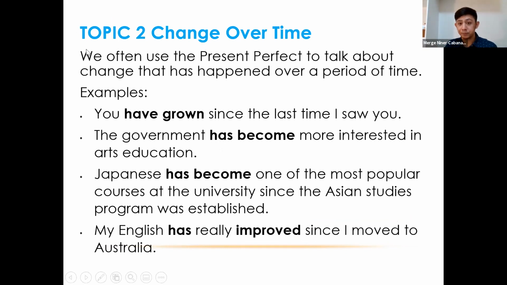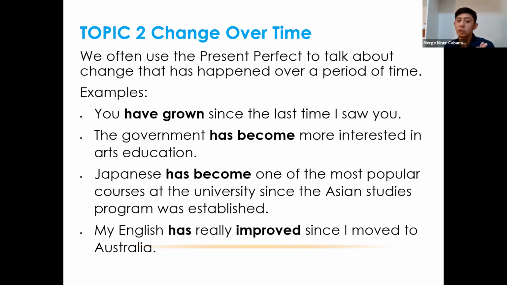Change over time. We often use the present perfect to talk about changes that have happened over a specific period of time. You have grown since the last time I saw you. So we're not including when this last time I saw you is compared to now. The government has become more interested in arts education.